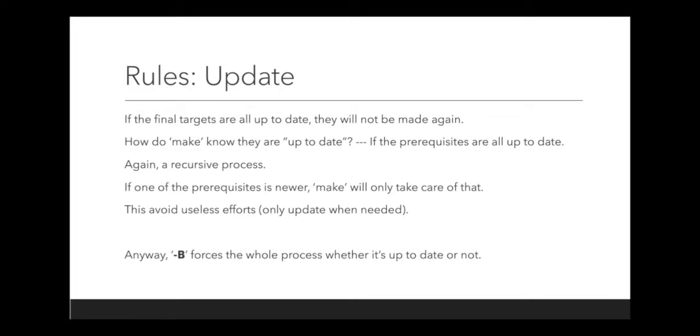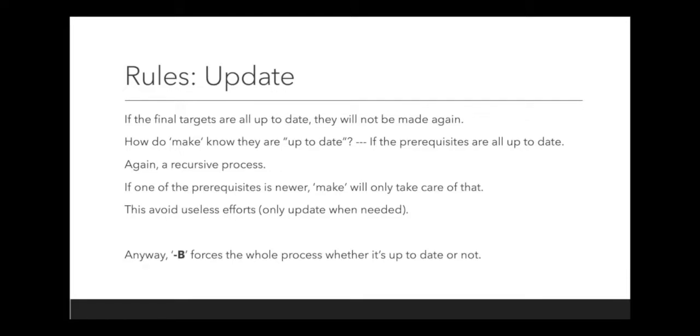And there is an important mechanism. If the final targets are up to date, they will not be made again. But how do we know they are up to date? If the prerequisites are up to date, then the targets are considered as up to date. Again, it is a recursive process.